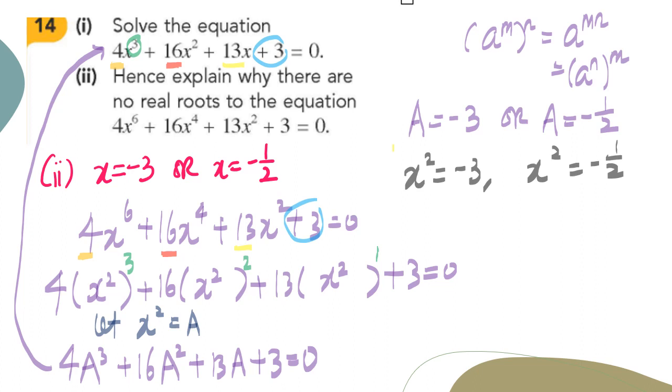So in this case, to find the values of x, we would have to square root negative 3, and square root negative half, which will not give us real values. Square root of negative 3 and square root of negative half will not give us a real value.